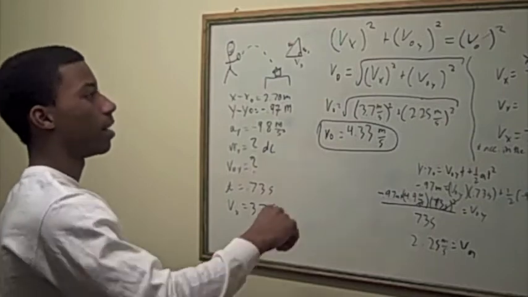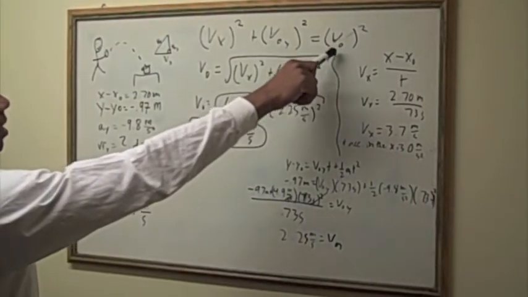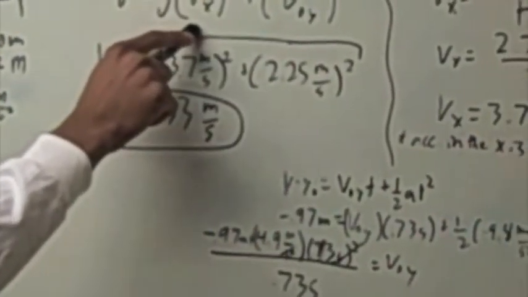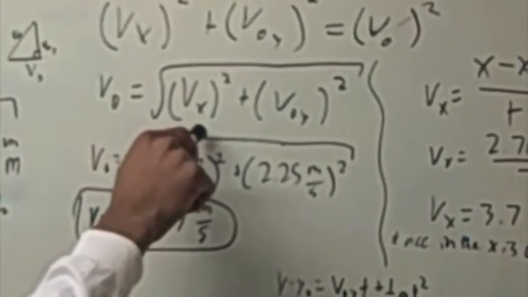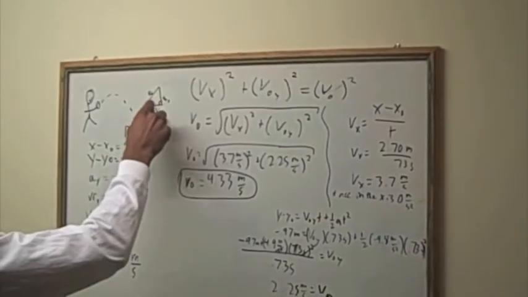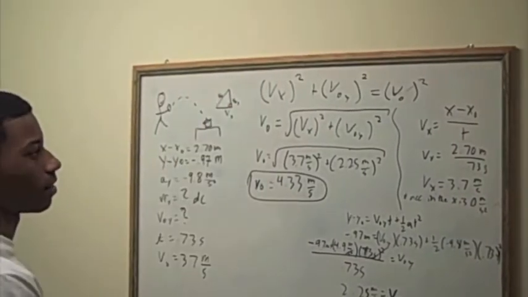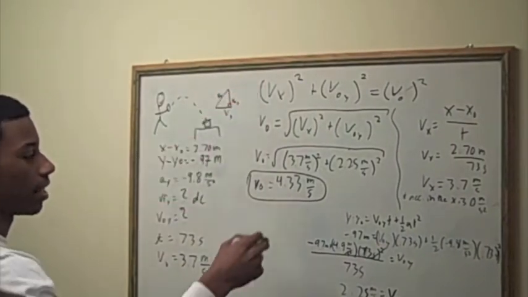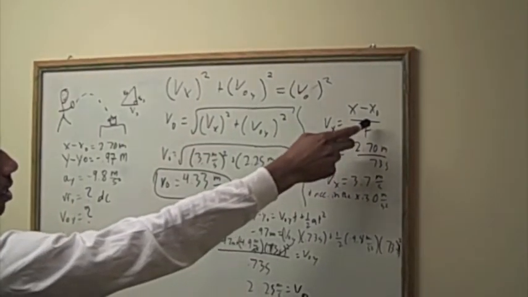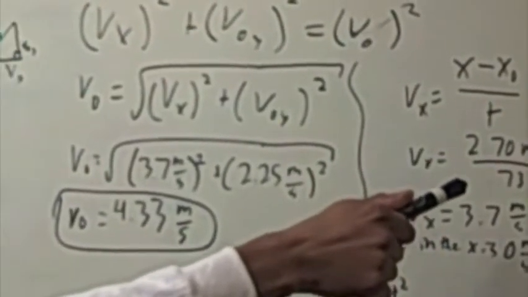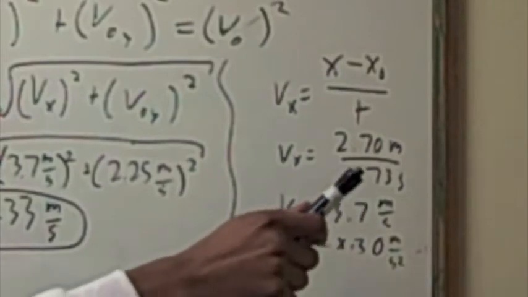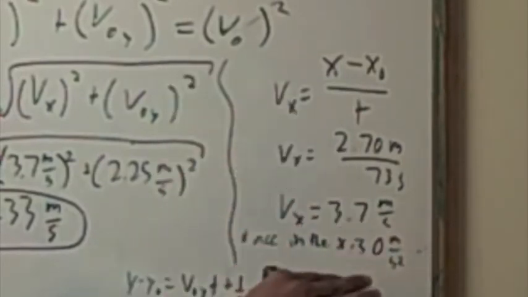Okay, so using the Pythagorean theorem, we got the equation that velocity initial is going to equal the square root of velocity in the x squared and velocity in the y squared, because a squared plus b squared equals c squared, as shown up here. To get the velocity initial in the x, we use the simple equation displacement over time, since the acceleration for the x direction is going to be the same throughout the travel, and it's going to be 0 meters per second squared.